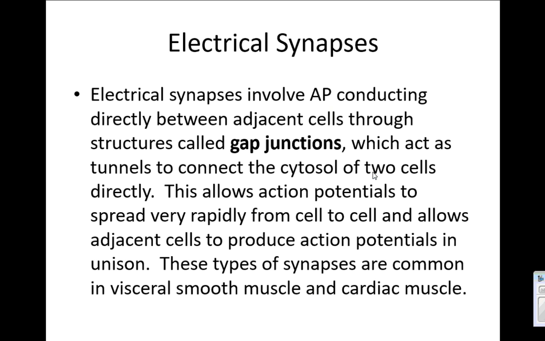First, let's talk about electrical synapses. And we'll just spend one slide talking about these for now, because we'll talk about them in greater detail later in the semester. These are really cool. It involves what we call gap junctions that allow action potentials to spread from one cell directly into a neighboring cell. A gap junction is just like a doorway between 2 cells. Okay.